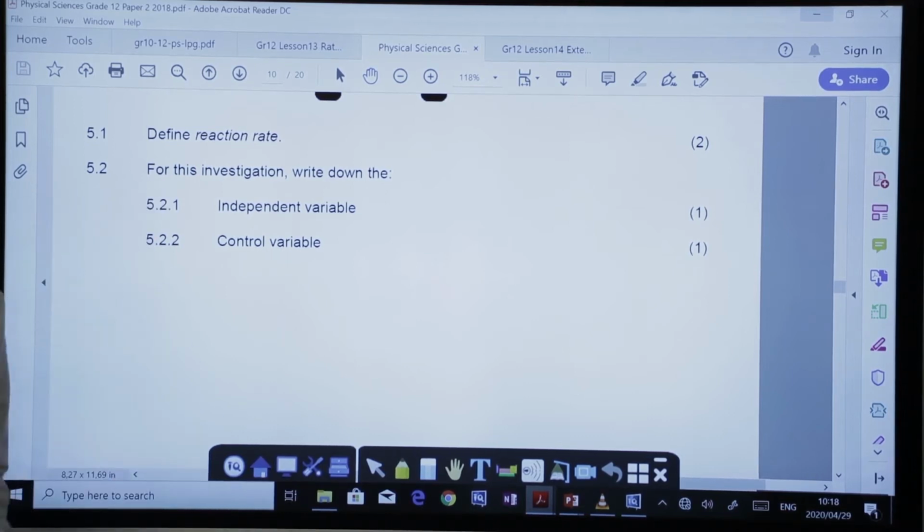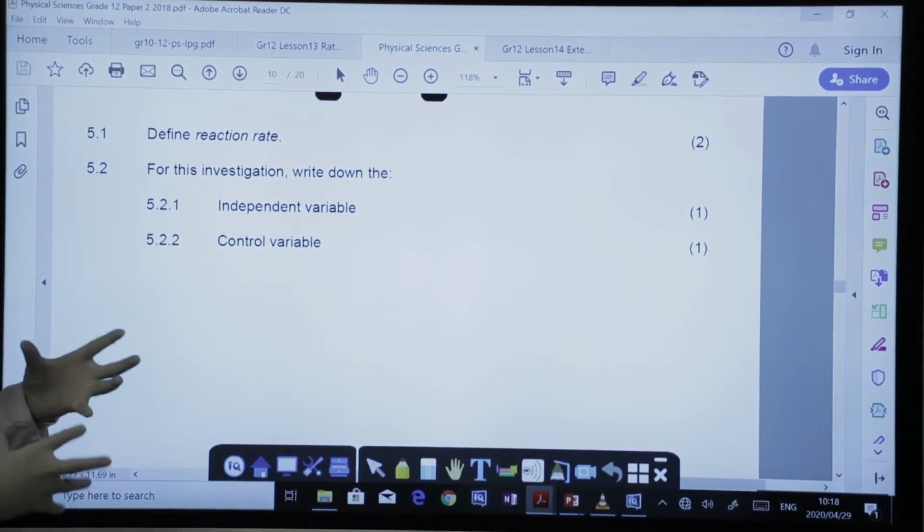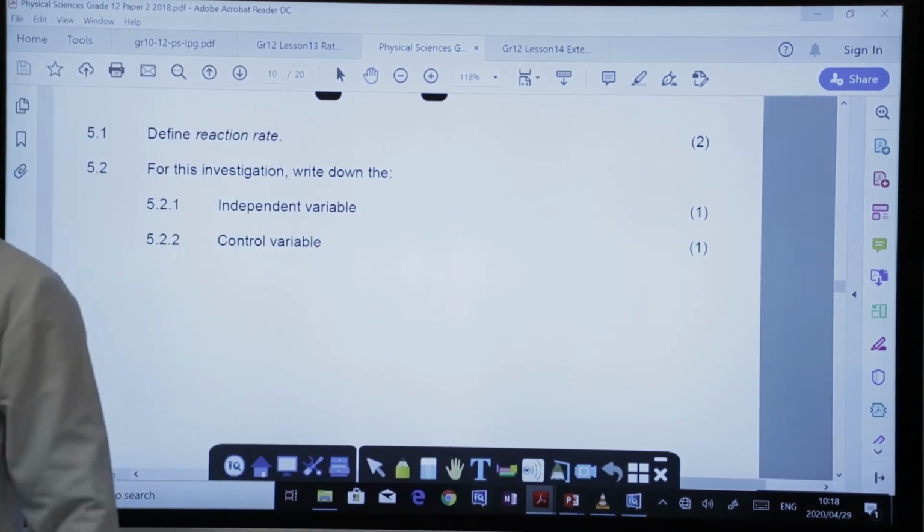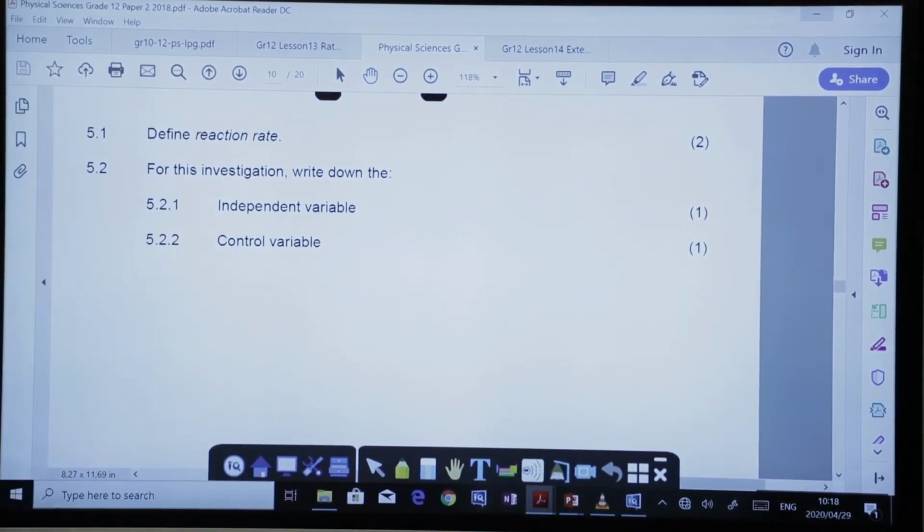The technical response which we are expected to put down for 2 marks is a little bit detailed, which enables you to understand what's happening with this rate of reaction. So with a rate of reaction, it's just a measure of the speed at which a reaction takes place.